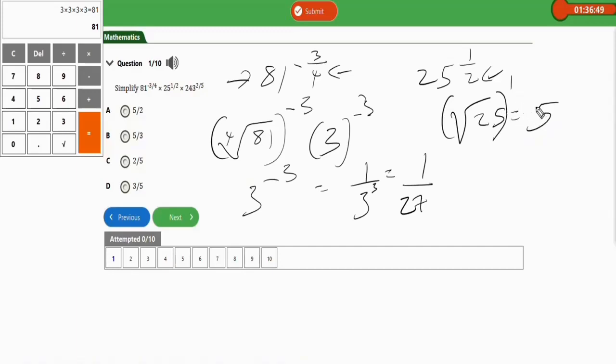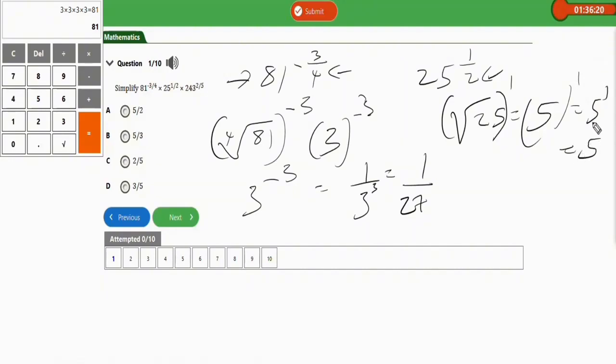So the square root of 25 is 5, and this will be 5 to the power 1, which gives us 5. So this is the power 1, guys, not 2. Let me write it so that I'm not confused with this.